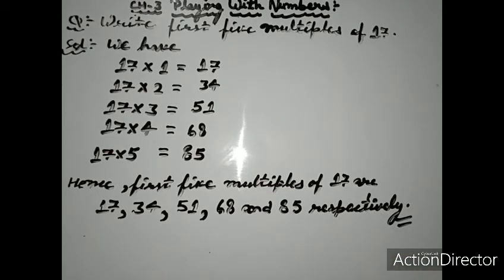Students, if the question is to write the first 5 multiples of a given number, you will multiply the number by natural numbers like 1, 2, 3, 4 and so on.